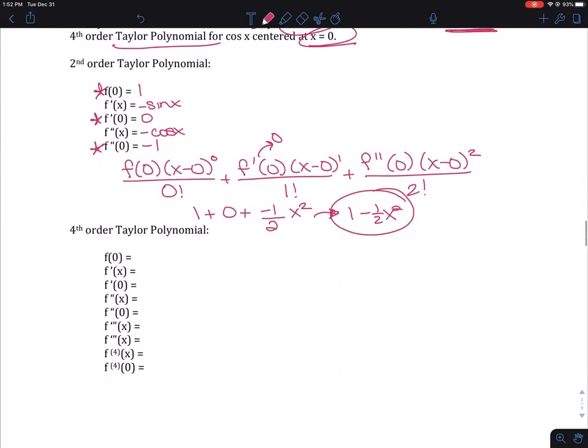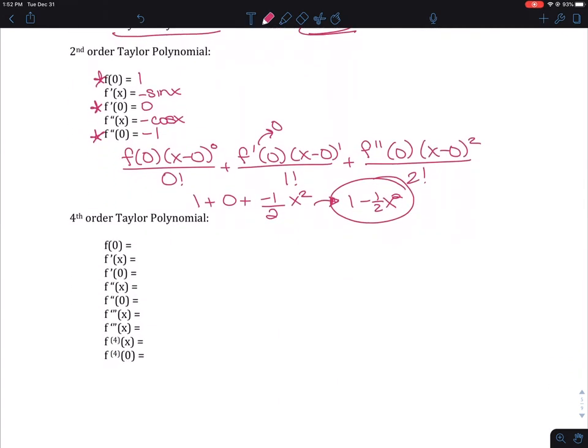Okay. And then my fourth order Taylor polynomial means I need 4 derivatives. So I already have 1 and 0 and negative 1. So the triple prime is sine of x, and then that's 0. And then the fourth prime is cosine of x, which is 1. Maybe I should write it out for you.